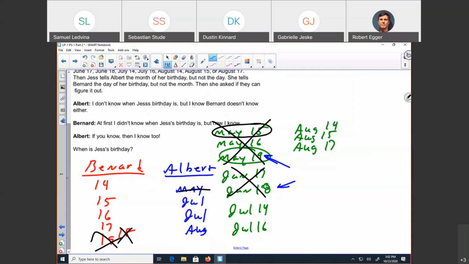And that's the first, I didn't know when Jesse's birthday is, but now I know. If you know, then I know too. So what do you think the date is going to be now, between July and August and the previous clues?